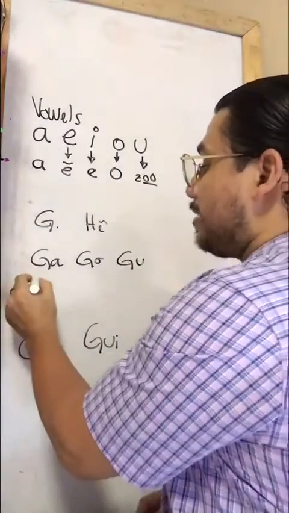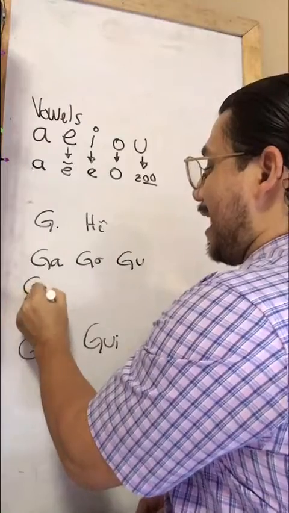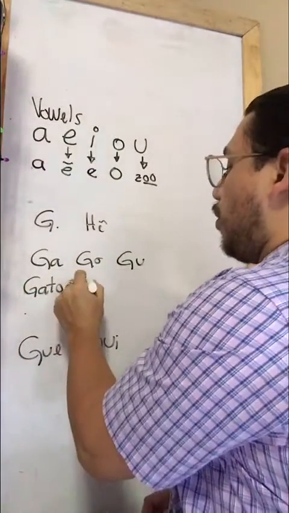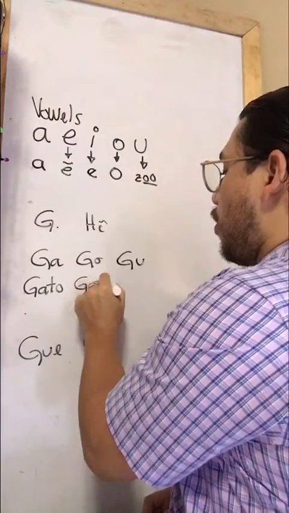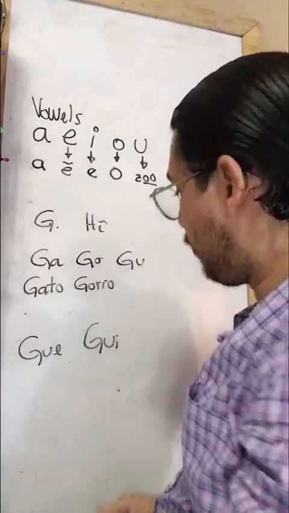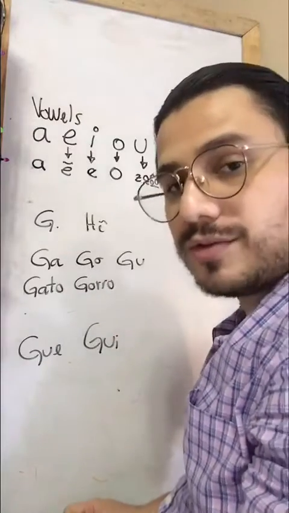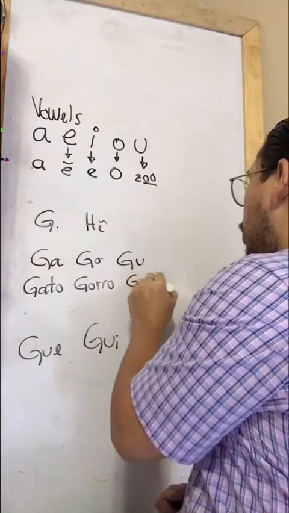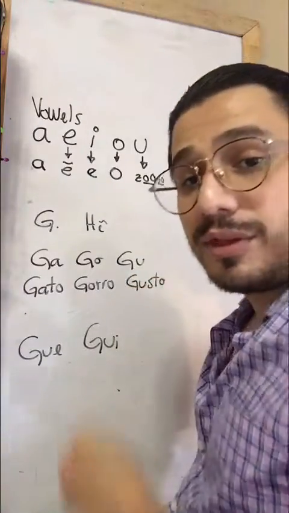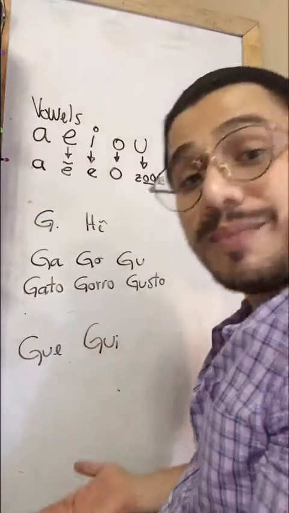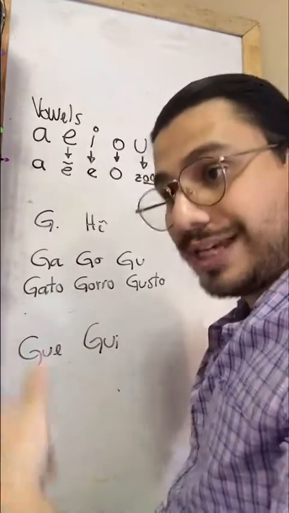So in this case, we say gato, gorro, something you put on your head, a toboggan, or gusto, the taste of something. Or when we meet someone, mucho gusto, it's a pleasure.